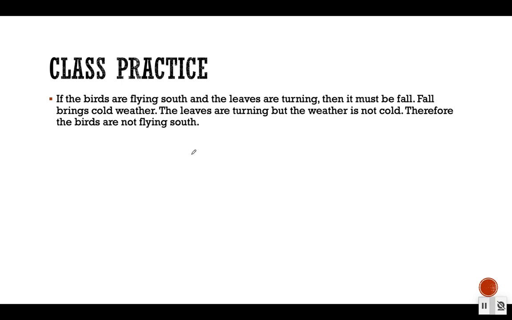Fall brings cold weather. Now the leaves are turning but the weather is not cold. This is our hypothesis. Now we are making an argument that therefore the birds are not flying south. This is our conclusion.